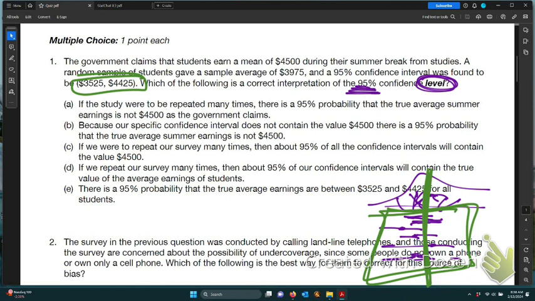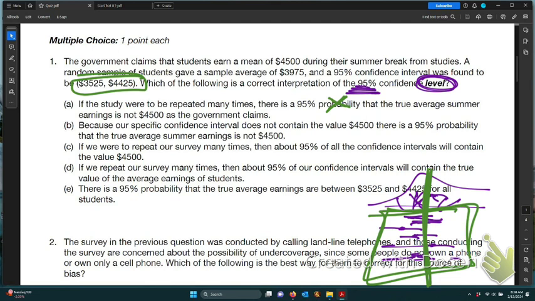When I go through the steps of making this interval, am I doing some random thing? Nope. I'm doing a very specific, calculated thing, making sure I'm following all the steps. There's a very methodical reason behind the fact that we go with 95%. So it's not a 95% probability. That's a problem.